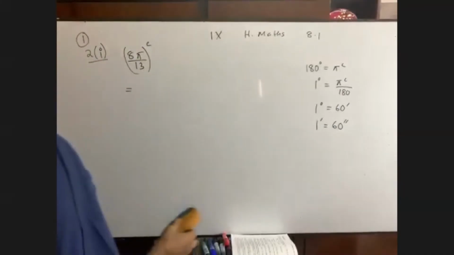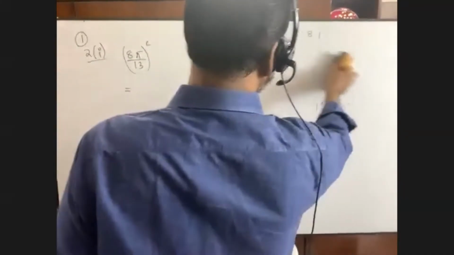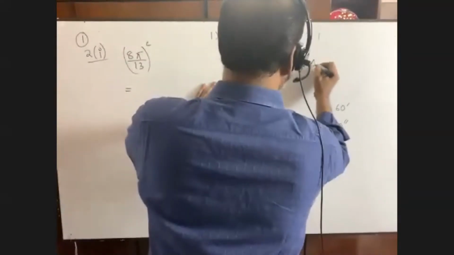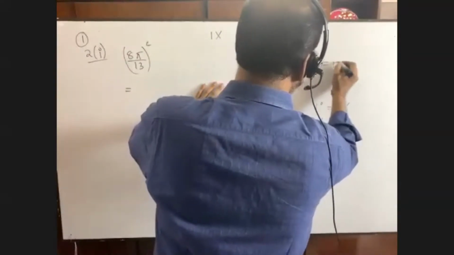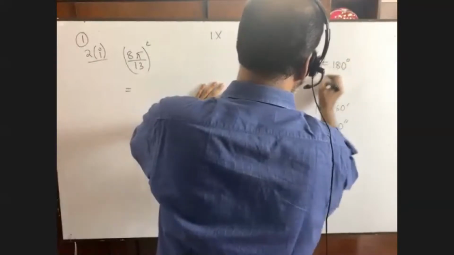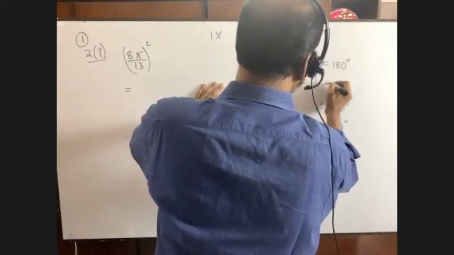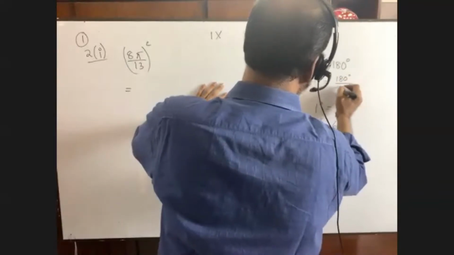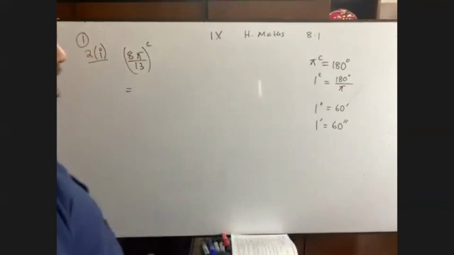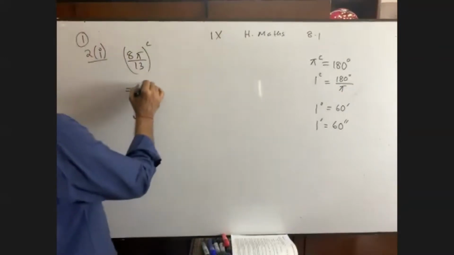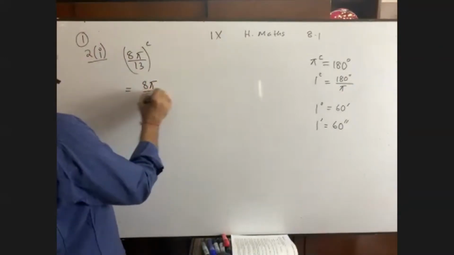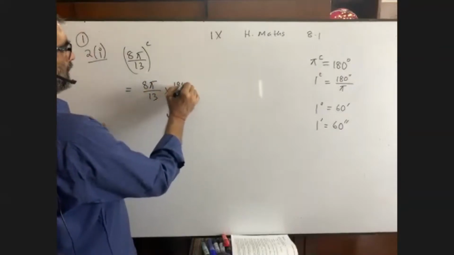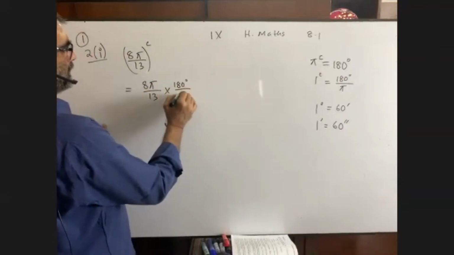Here, we'll write down in this way, you see. Pi radian is equal to 180 degree. So 1 radian is equal to 180 degree by pi. Okay. So what will we do? 8 pi by 13 into 180 degree by pi.